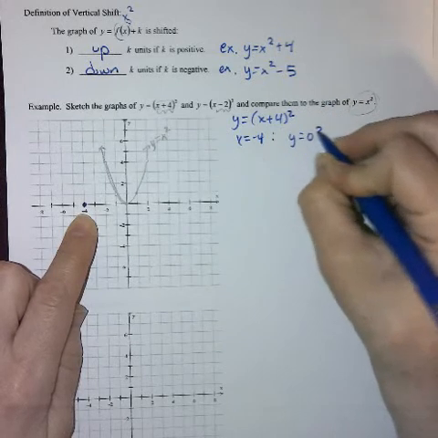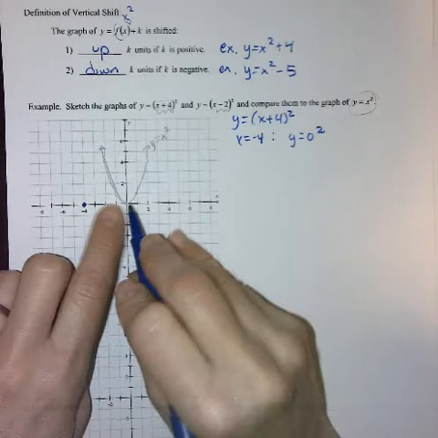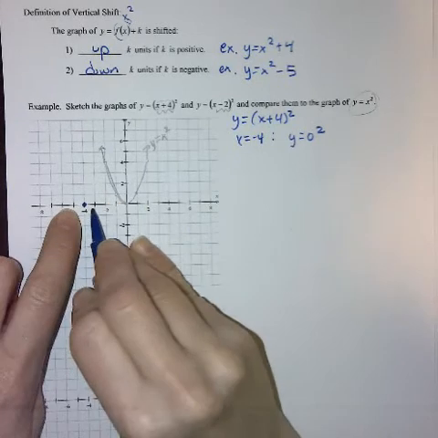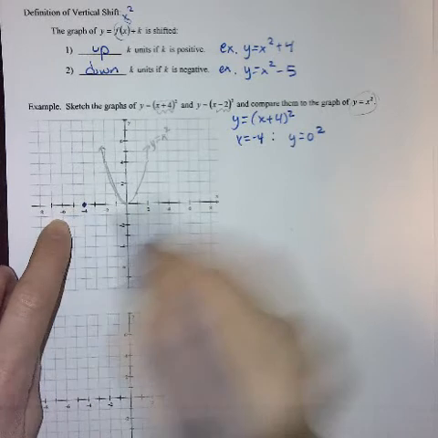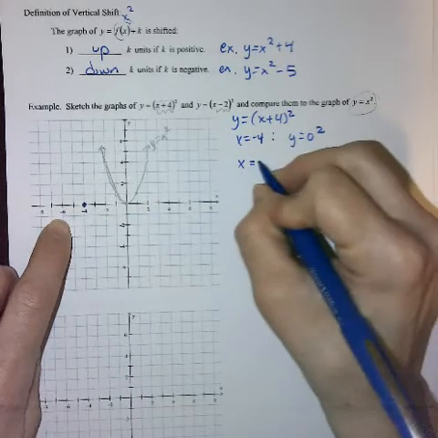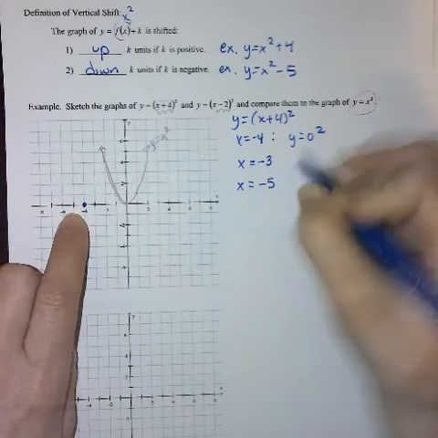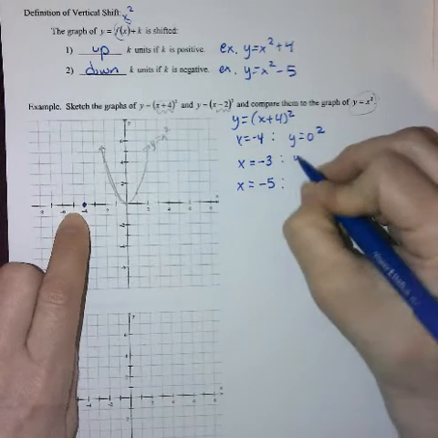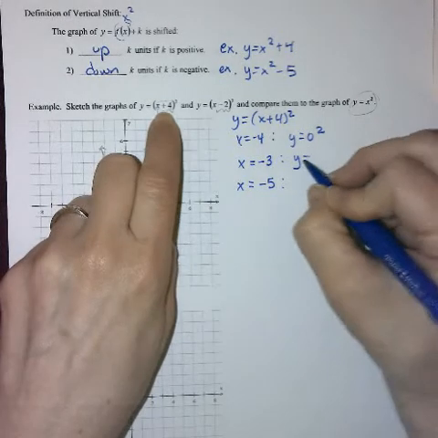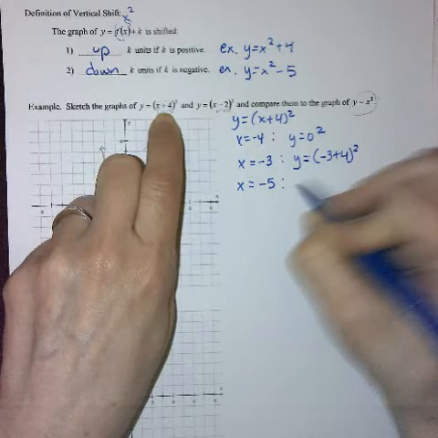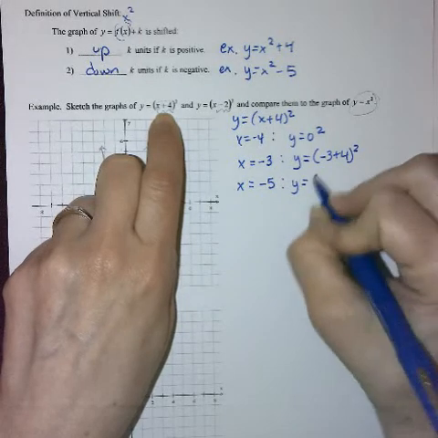Now here's where I want you to think about that, go out 1, up 1. Notice when you go 1 away from negative 4, in either direction, so one direction you'd get negative 3, and the other direction you would get negative 5. So for y, negative 3 plus 4 squared, and then for negative 5, you'd get negative 5 plus 4 squared.